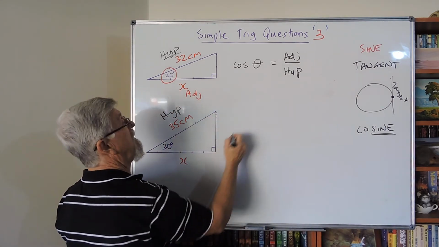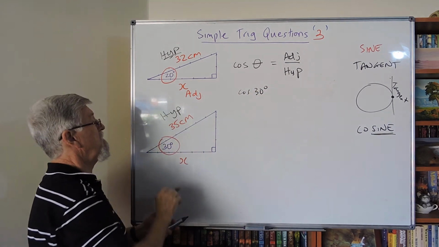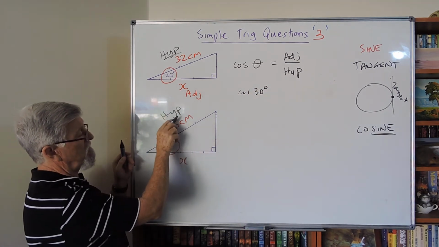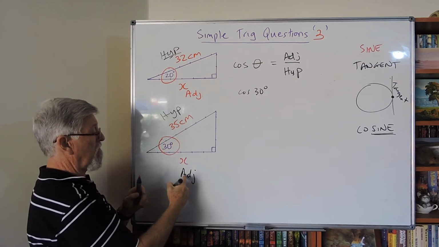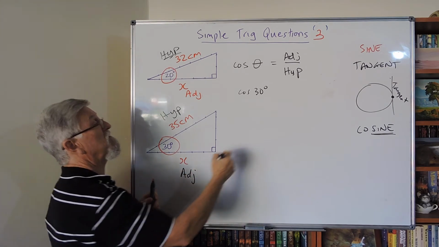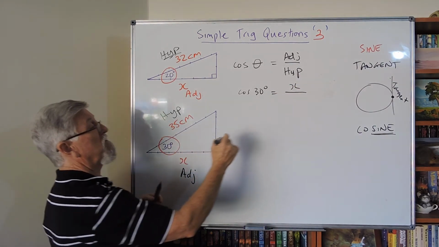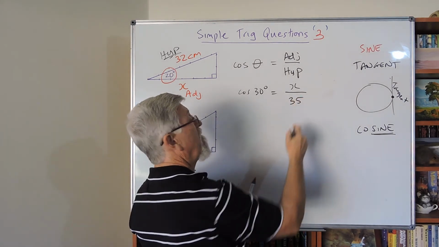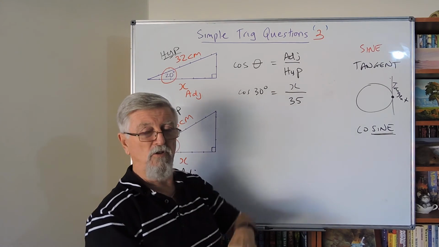So on the second one here, the angle is 30 degrees, so we're talking about an angle of 30 degrees. There's the hypotenuse, and the side next to, adjacent to, is that one there. So I'm going to replace the word adjacent by the x, and then have a look at the hypotenuse and replace it by the 35. Now have a look, all of the three types of examples I've shown so far have x on the numerator.